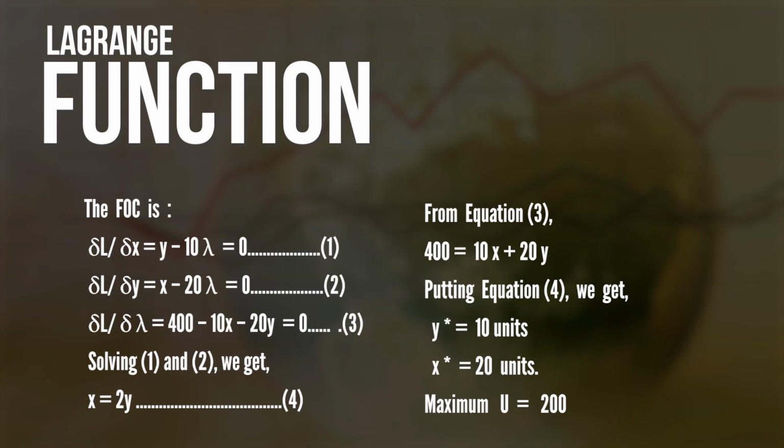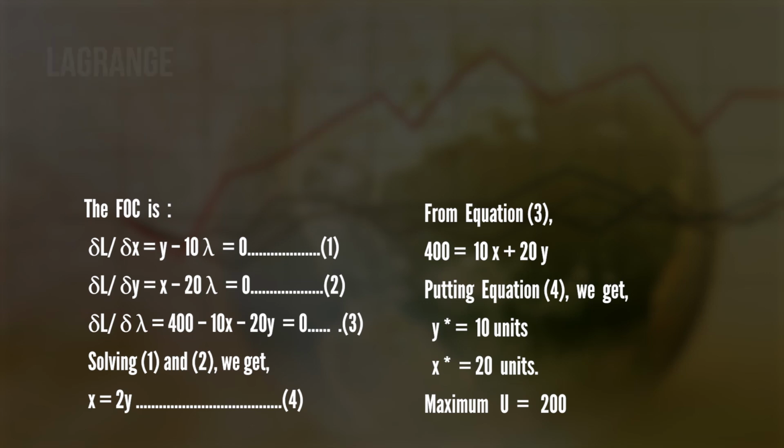And by substituting equation 4, we can get the absolute units of x star and y star, which are 20 and 10. And by putting in the utility function, we get U max as 200. So this is basically a simplistic approach of an optimization exercise done within the framework of the Gauss-Markov theorem, provided x and y follow all the normality assumptions, and also these are in tune with the assumptions of this theorem.